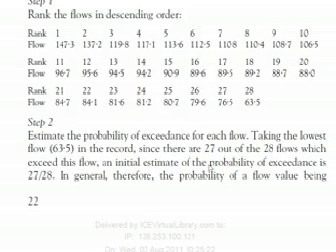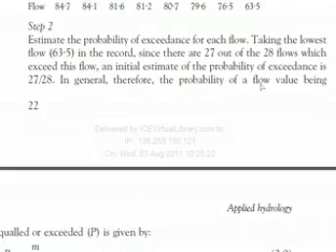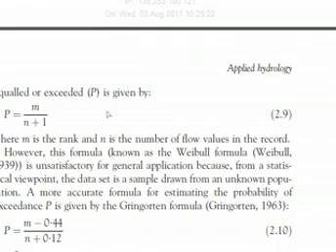So the initial estimate of the probability of exceedance is 27 over 28. So there's a very high probability that in any year we're going to exceed this flow based on this data set. And so this is the basis for the Weibull formula, where the probability equals the rank of any given entry in a data set divided by the total number of the flows plus 1.